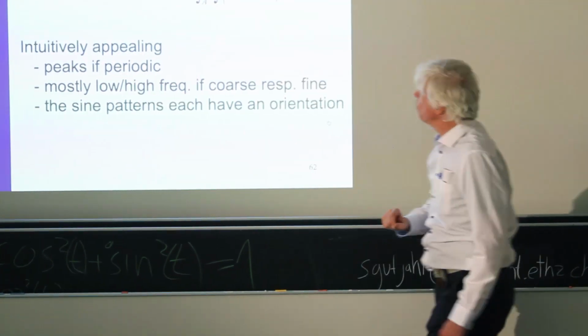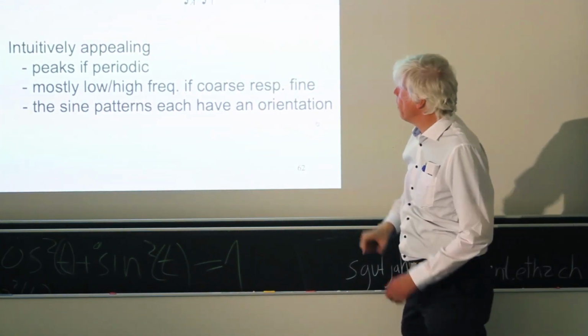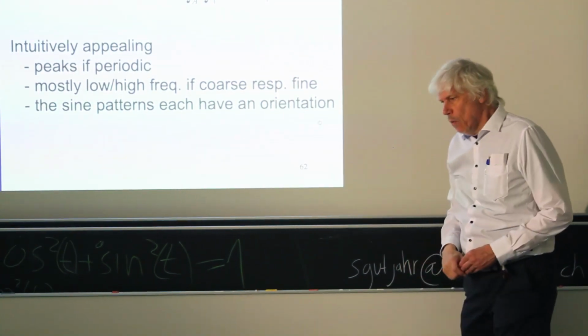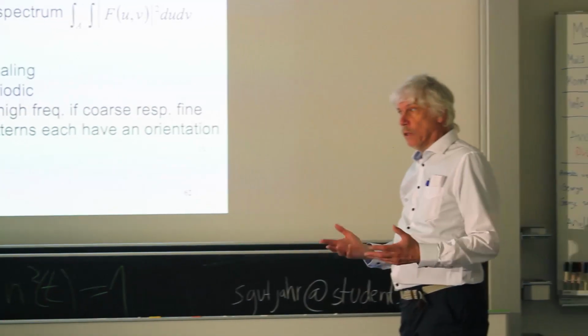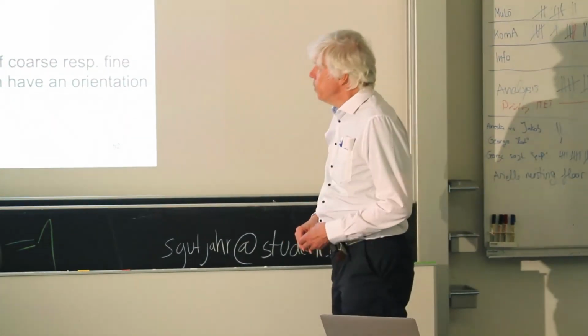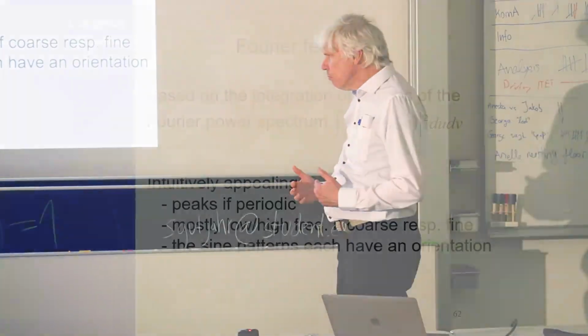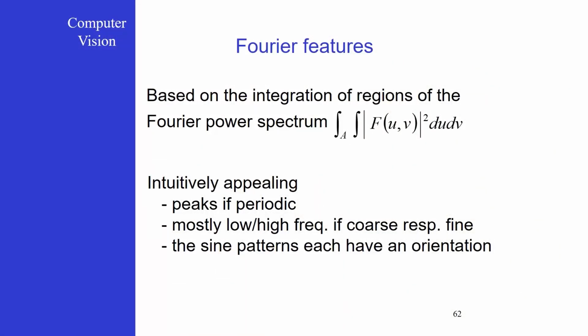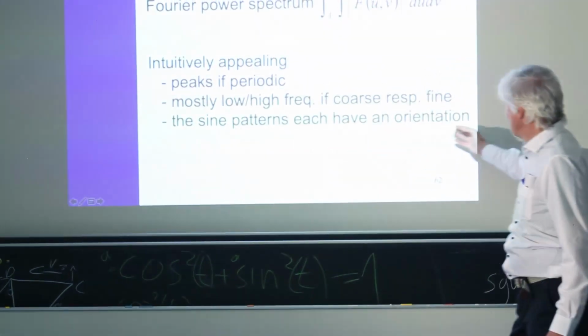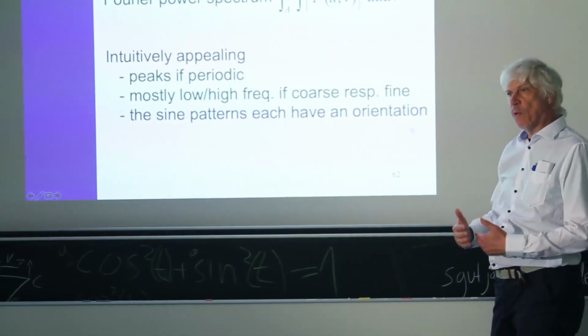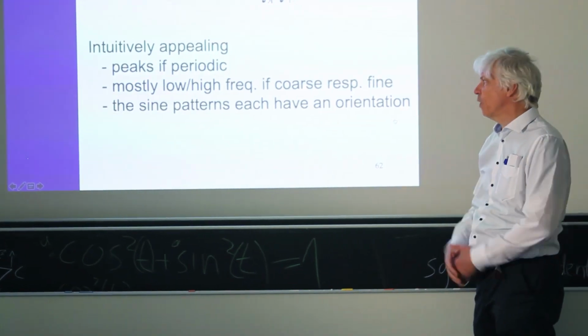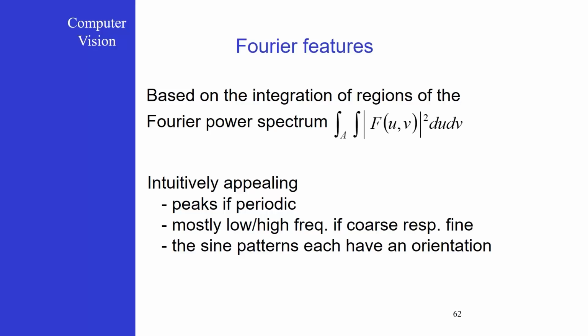So again, something that will seem to come out rather naturally from the power spectrum. We talked about orientation, oriented or isotropic, as we call it. If you have strong orientation, the trigonometric functions with that orientation will have high energies compared to the others. Again, in this case, sine patterns each have an orientation, and the ones with the dominant orientation of the texture will have the higher energy. So everything seems to be very well represented by this power spectrum.